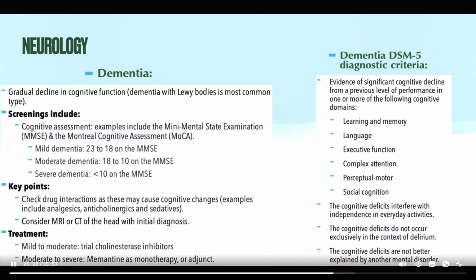These deficits definitely interfere with the individual's independence, their everyday living activities, and they're not occurring exclusively in the context of delirium, which I'll talk about in the next slide, or they're not better explained by some other mental health disorder. For the most common forms of dementia, memory and language dysfunction are generally always present.